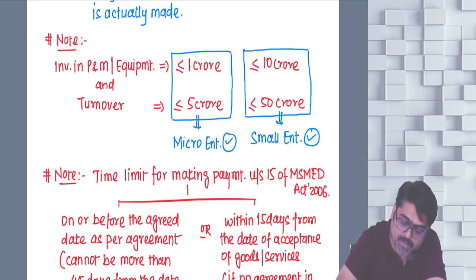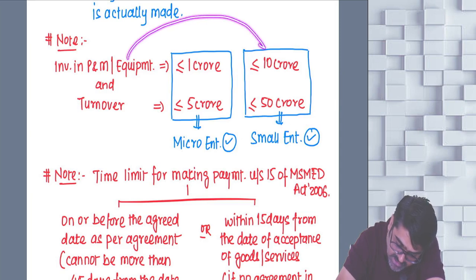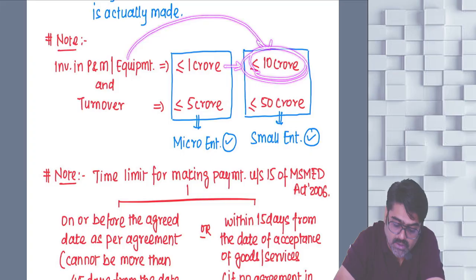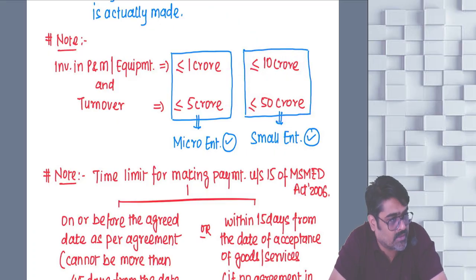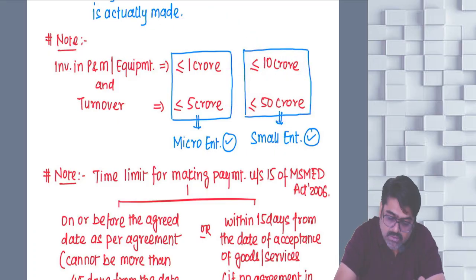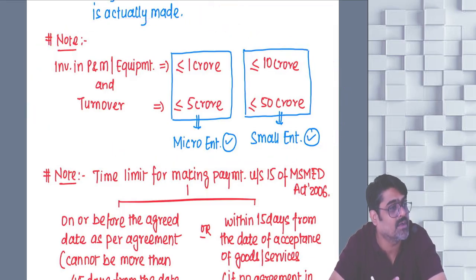And any enterprise whose investment in plant, machinery and equipment is more than 1 crore but up to 10 crore, and turnover is more than 5 crores but up to 50 crore, will be known as a small enterprise. Now, this was the definition of micro enterprise and small enterprise.